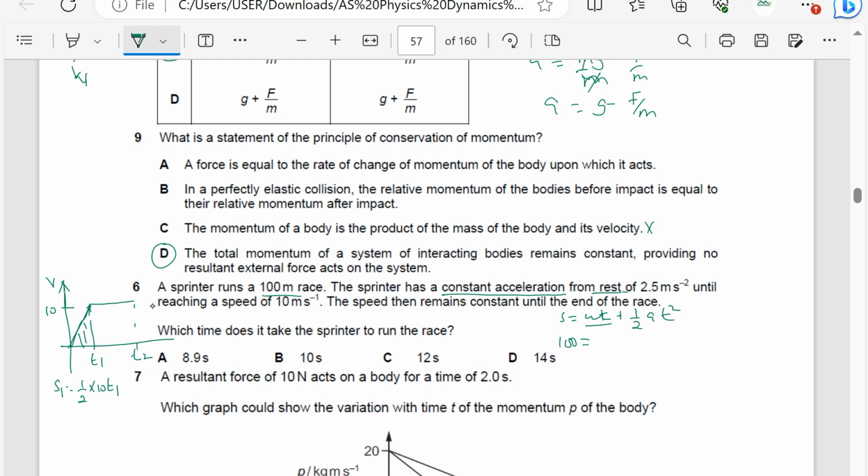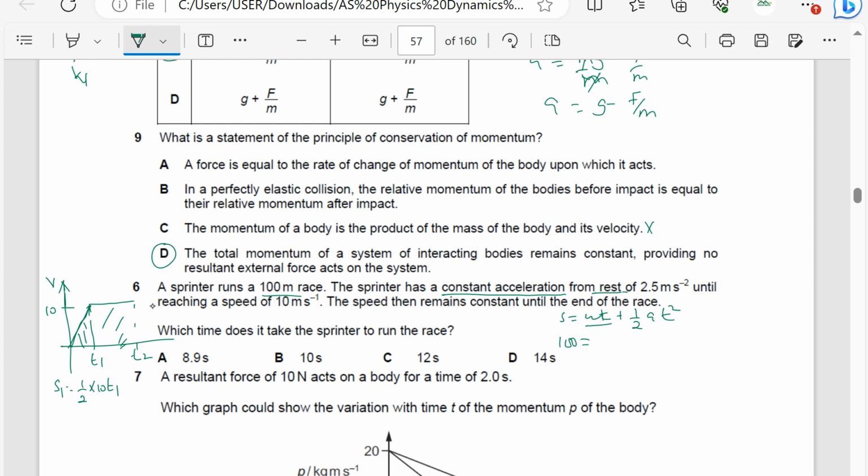Then I add the distance of S1 to this one here. So, what is the total time? Okay, so this is going to be 10 times the time t2.